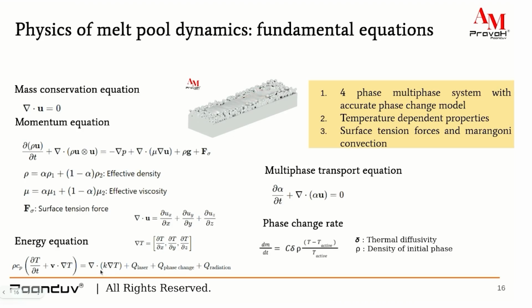If there is a heat source, then obviously there will be the transfer of that heat into three basic heat transfer modes: conduction, convection, and radiation. So that will be there.